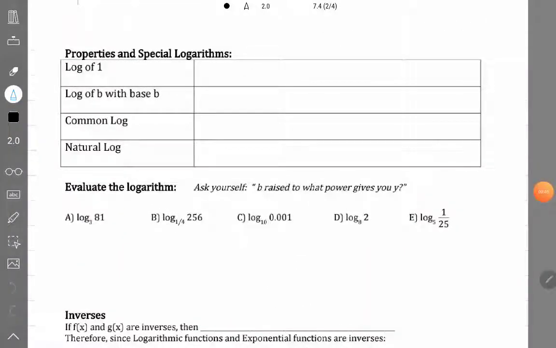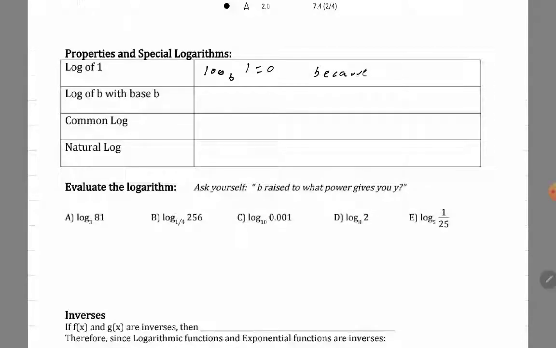Swap. So log of 1. So there's these special logarithms. So the log of any base of 1 is equal to 0, because b to the 0 is always 1.